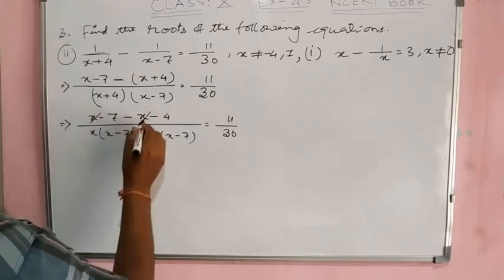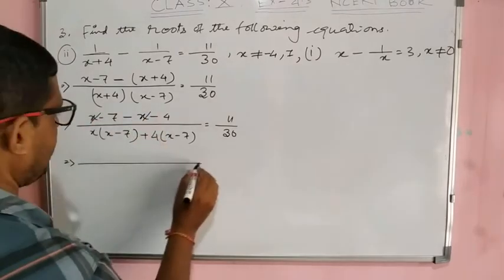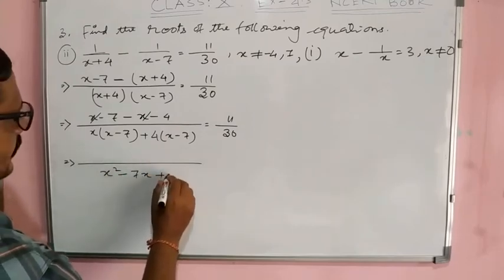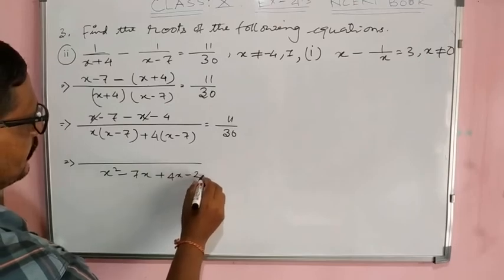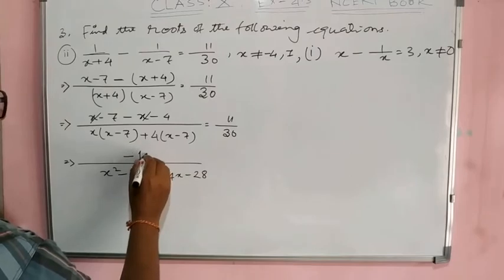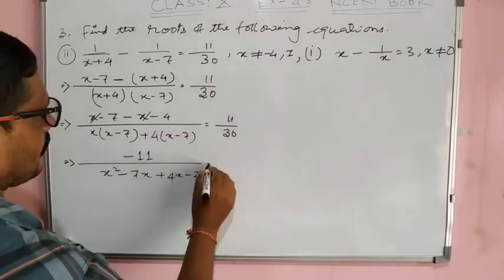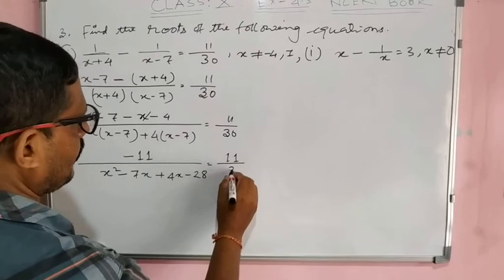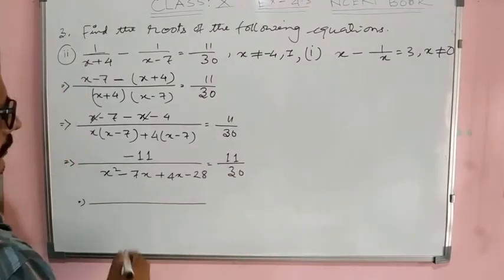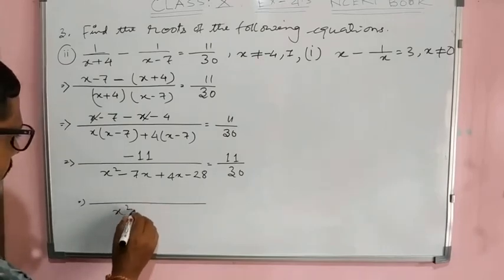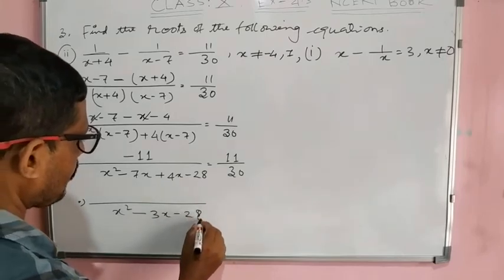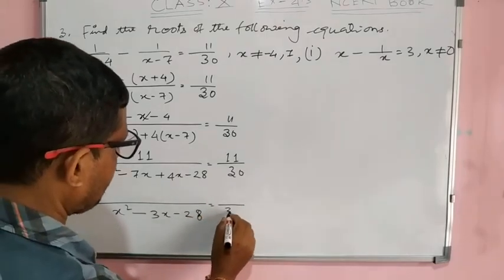Now x cancels, and we get x square minus 7x plus 4x plus 20, minus 11 by 30. So we get x square minus 3x minus 28, and here 30.